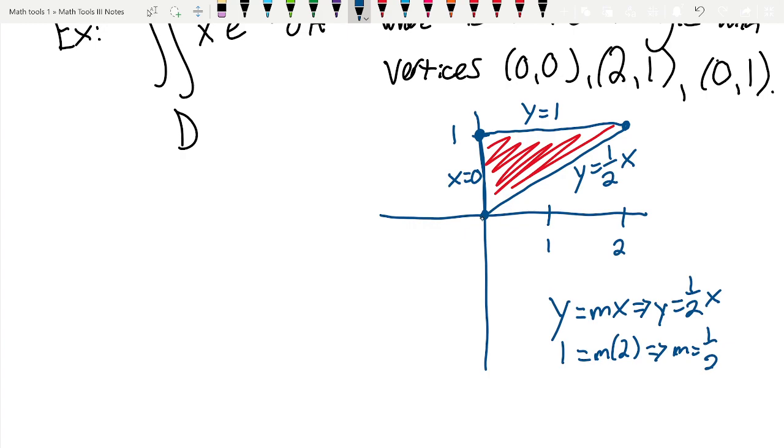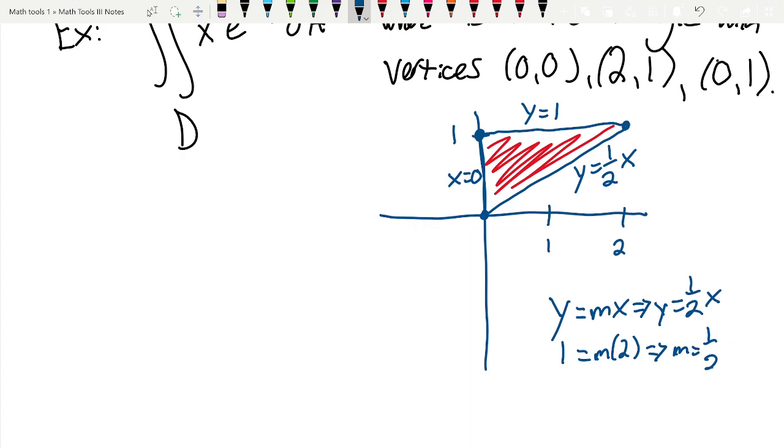So we can't just integrate from 0 to 1 on the y side, because that would give us this entire rectangular region here. The y points are going from 1/2 x to 1. At the very edge, it's going from 0 to 1, but then at x equals 1, for example, it's going from 1/2 to 1, and so on.